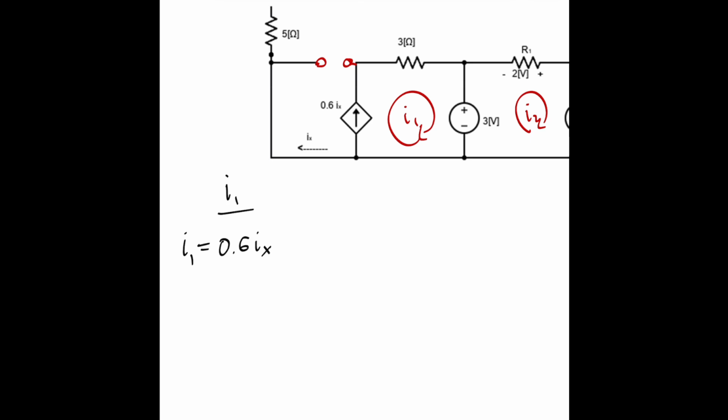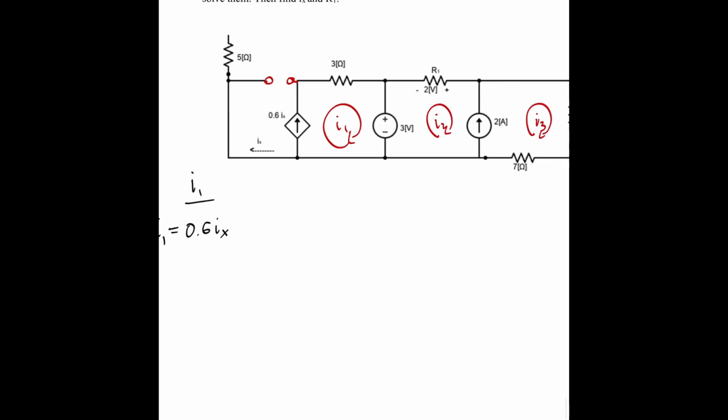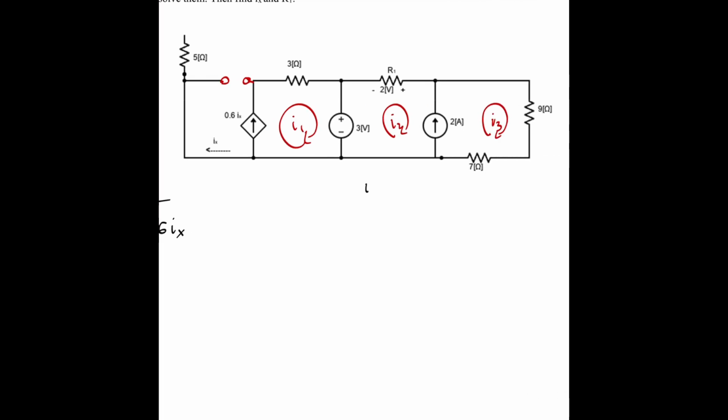And that's it. That's all you need for that equation. You don't need a term for this variable or this variable. It's just I1 is equal to 0.6 Ix. So now, with that, we do our equation for I2 and I3 because it is a super mesh.